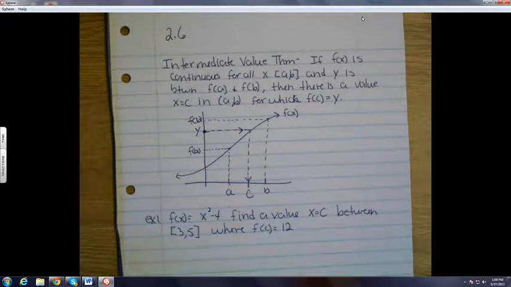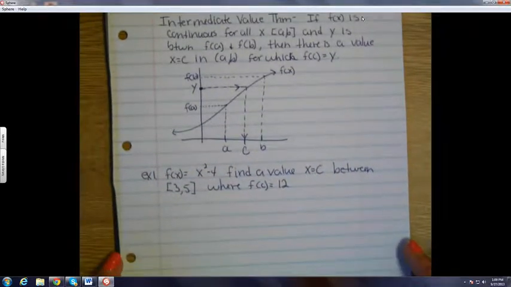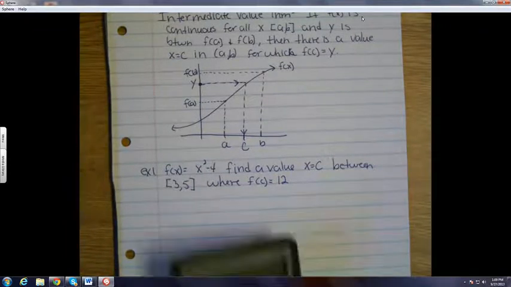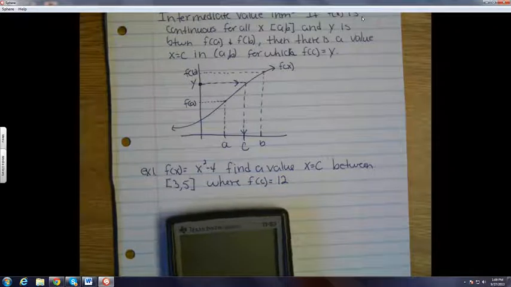Okay, so we're going to look at the graph, see that it's continuous, and show that this intermediate value theorem holds true here. So we can find that value.